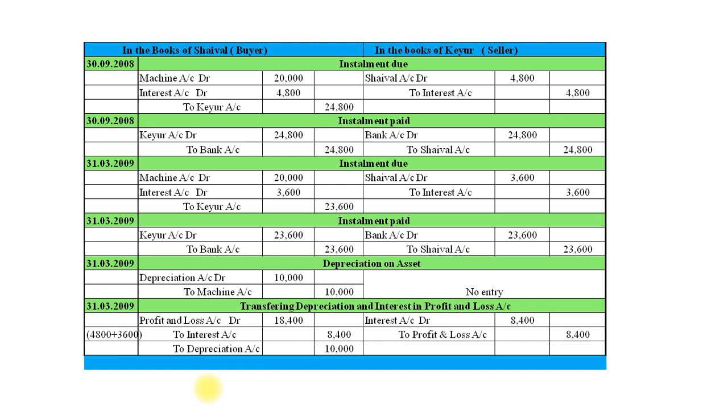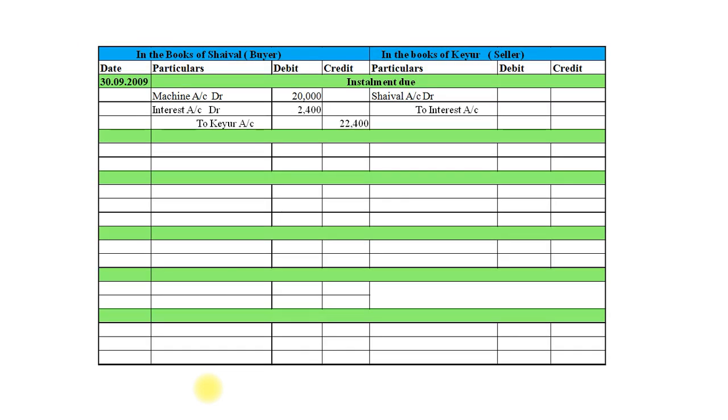Now let us see the entry for 2009-10, which is the same, only the amount will change. You can see in the books of buyer and in the books of seller, the third installment due will be on 30/9/2009. The journal entry will be machine account debit 20,000, interest account debit 2,400 to Keyur account 22,400.